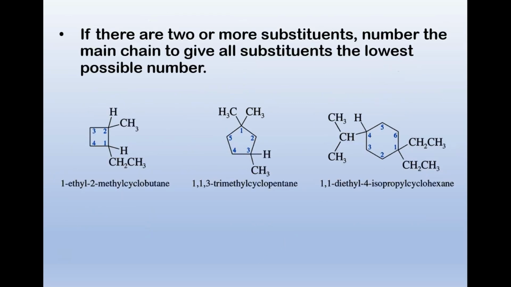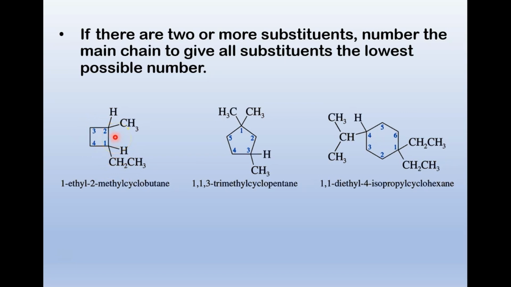All right, now we got multiple groups. If there are 2 or more substituents, number the main chain to give all substituents the lowest number possible. What does that mean? Well, on this first thing, we don't want to go 1, 2, 3, 4 and have this 1-ethyl 4-methyl.